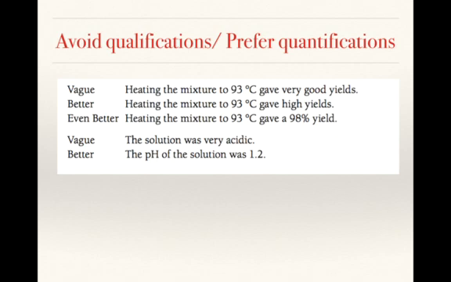By avoiding overly positive or negative words that are not particularly precise, such as excellent, very good, or poor, and using more neutral terms instead, such as high or low, you can maintain a descriptive tone in your results section. Even better, you can replace qualitative terms with more precise quantitative values, as you can see in the slide here.